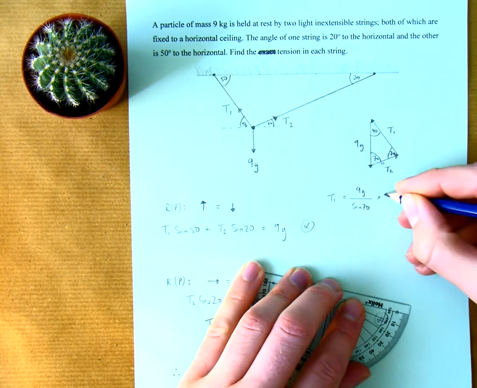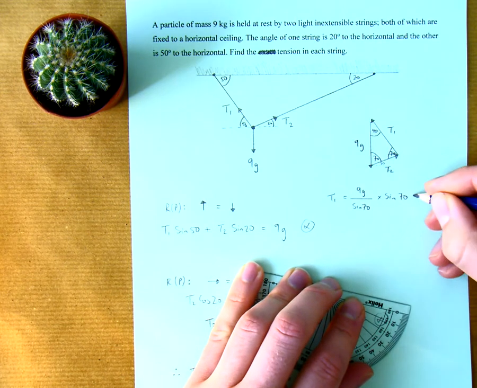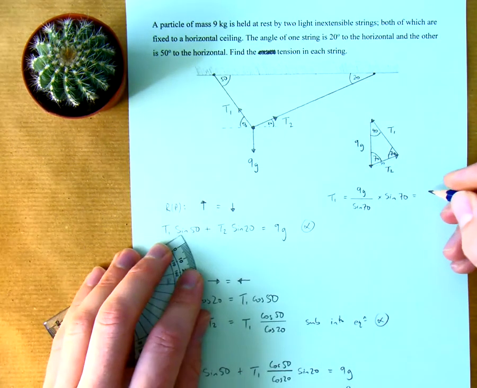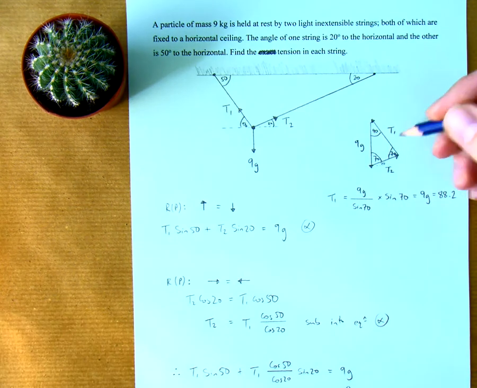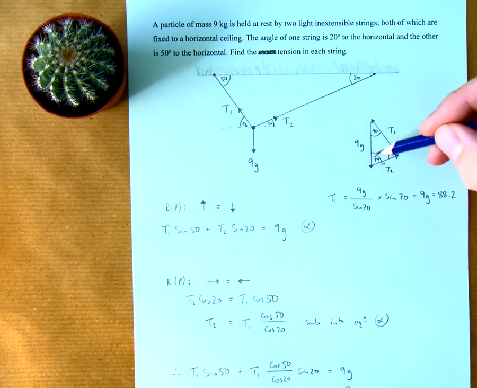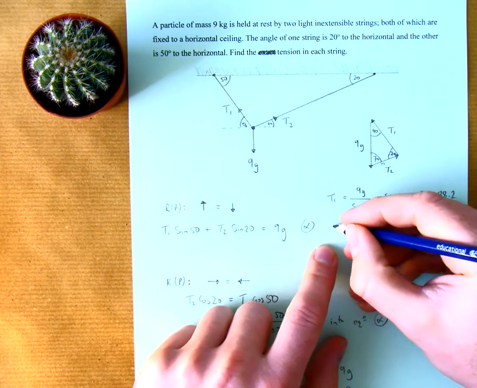If I times by sine 70 on both sides, you can clearly see that the sine 70s cancel, so T1 is just equal to 9g, which is 88.2 newtons. And we could have done that really quickly because we can see it's an isosceles triangle, as we've got two angles equal, so these two sides must be equal. That would be a really simple way to do it in the exam and save you loads of time.